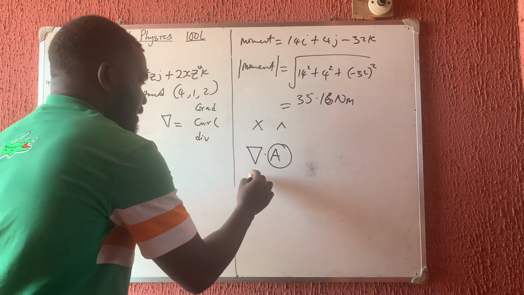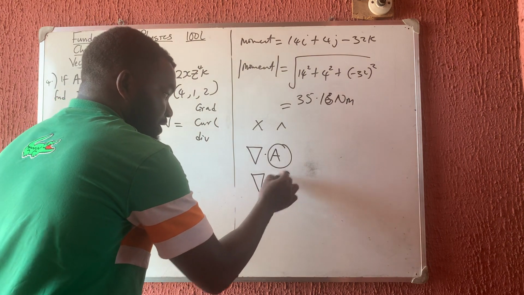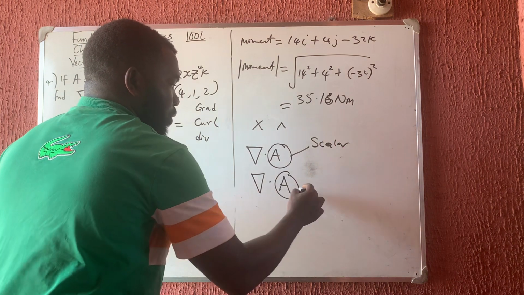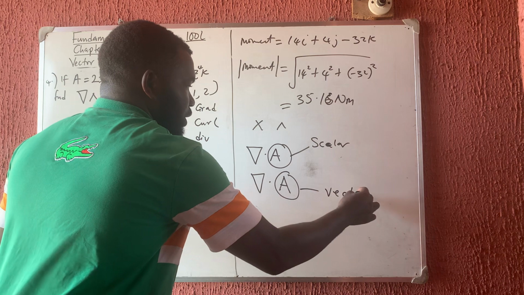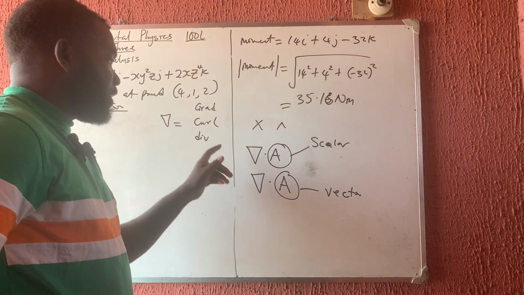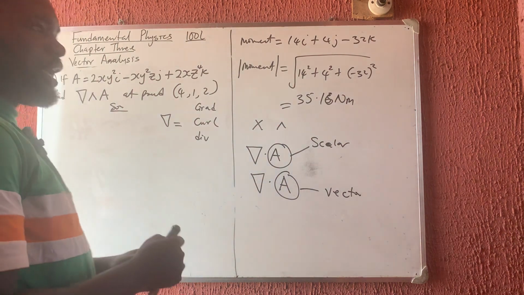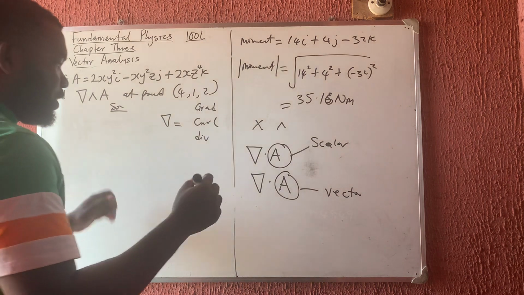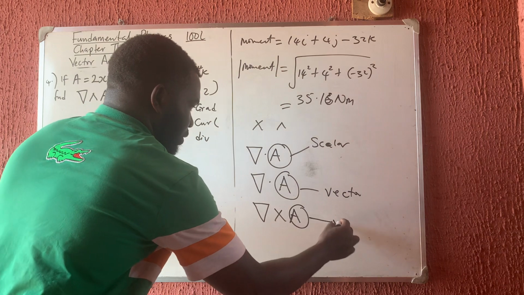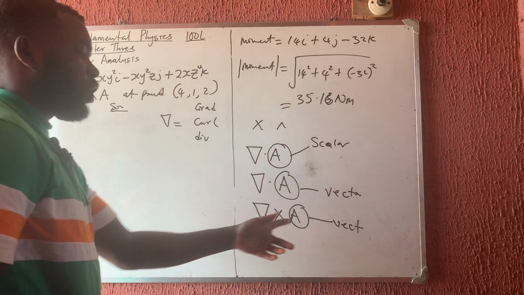But when this thing now dots a vector, if A is a vector, you call it divergence of a vector. Then finally, if this thing now crosses a vector, you call it the curl of a vector.